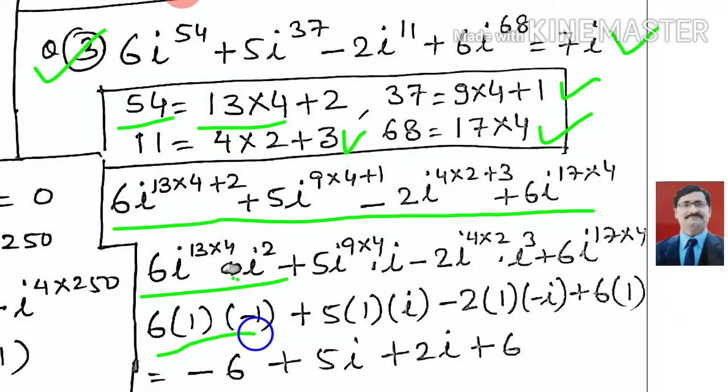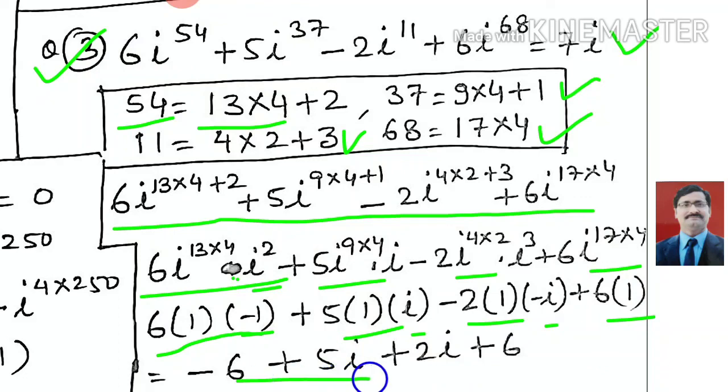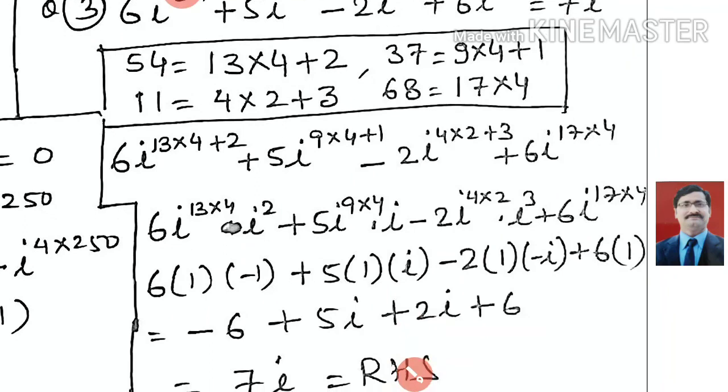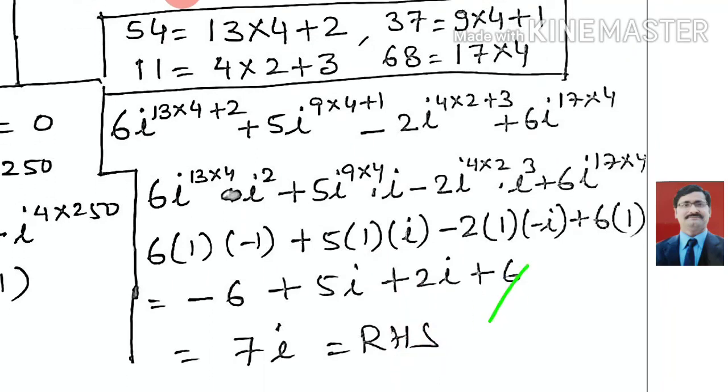Iota power a multiple of 4 is 1, iota power 2 is minus 1, iota as it is, and iota power 3 is minus iota. So we get minus 6 plus 5i plus 2i plus 6. Here 6 and 6 cancel, and 5 iota plus 2 iota gives 7 iota.